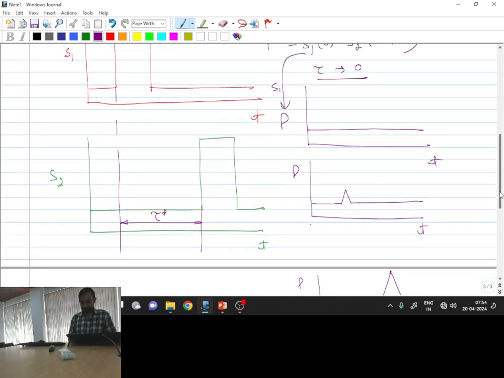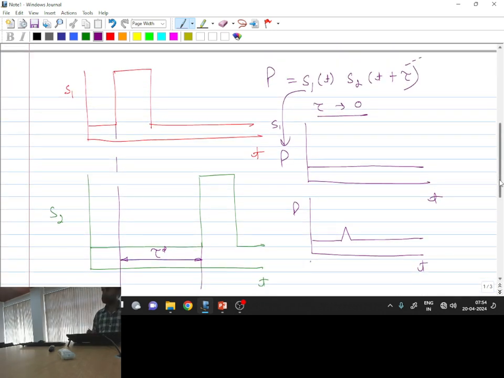So in first condition, if tau is equal to 0, then it should be maximum? No. Let's consider this value is 0, this value is some s. Again here this is 0, this is some s. So when I am simply multiplying S1(t) and S2(t plus tau), I have taken some value of tau.